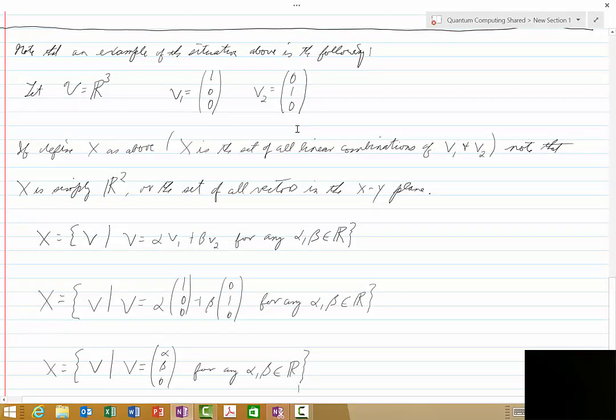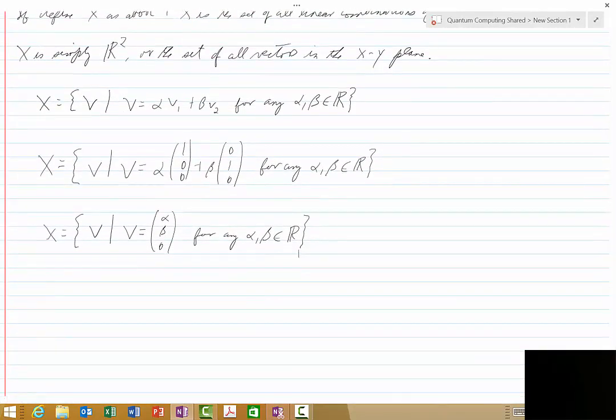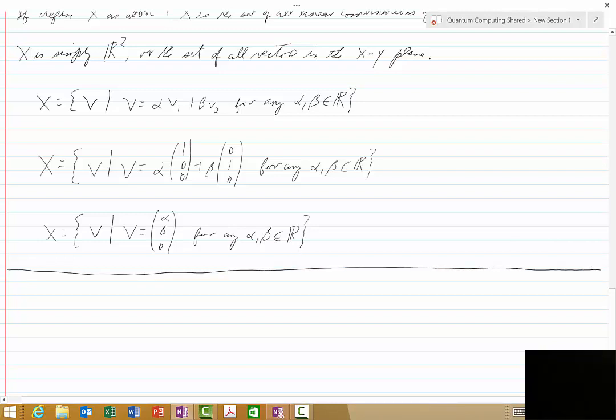Now let's talk about another idea. So let's first put in writing what I just said. So v1 and v2 generate or span R2.